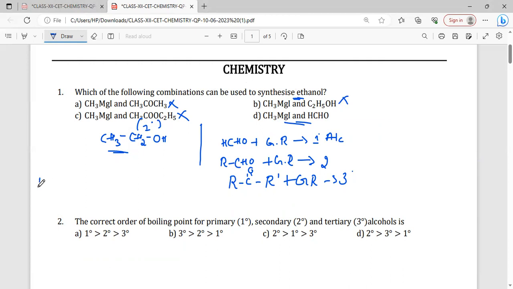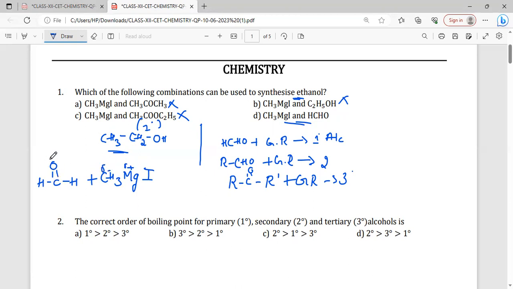We look into the mechanism. It's just this formaldehyde, HCHO. I'm adding Grignard reagent, CH3MgI. Between carbon and magnesium, magnesium is electropositive and carbon is electronegative, isn't it?